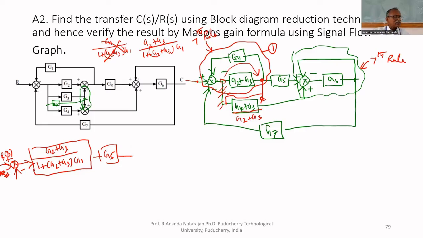Can I add? Follow my pen. This red line is in parallel with the G5. Follow this red line. This G4 plus G3 upon G2 plus G3 is in parallel with the G5. Am I correct or not? Therefore, I can add it with the G5.